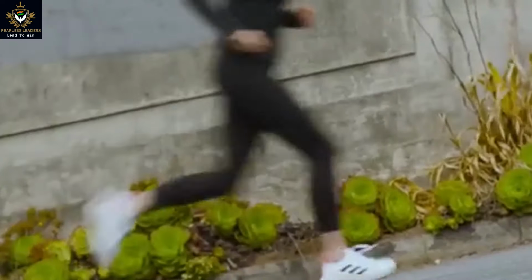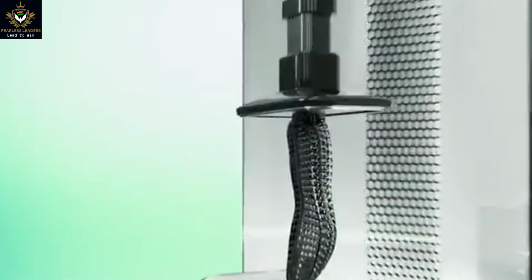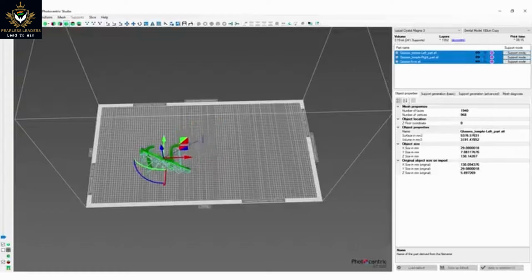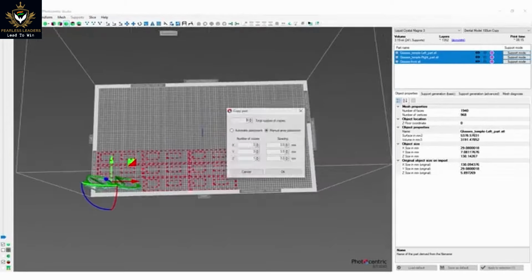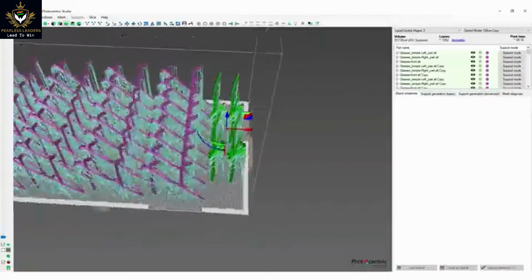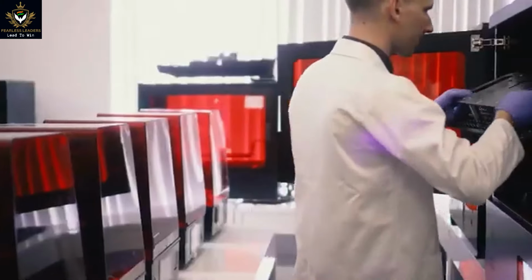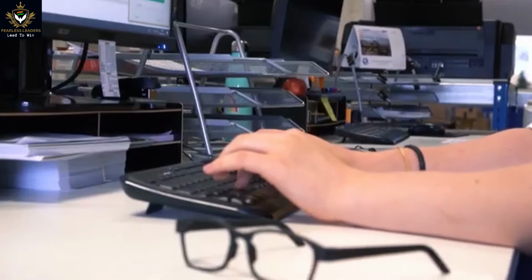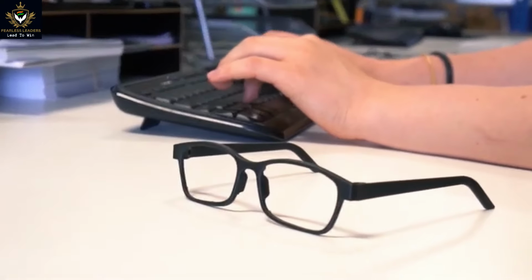Then we have consumer products. Adidas uses 3D printing machines for making midsoles, and eyewear, where the majority of the eyewear in today's world is made by 3D printing. That is the basic reason why we get the lenses at a much cheaper rate.